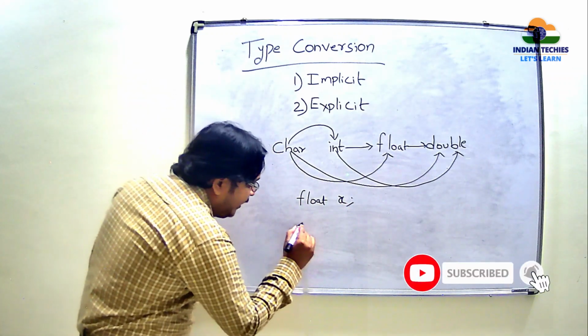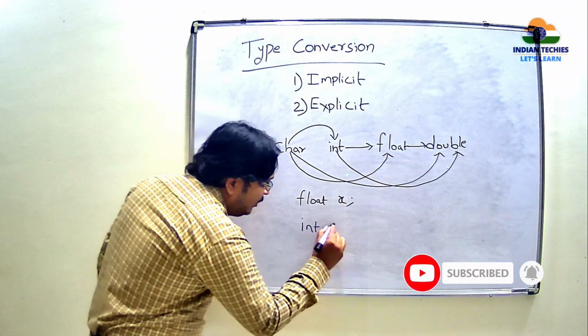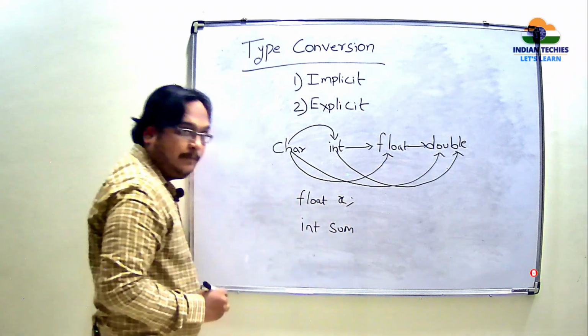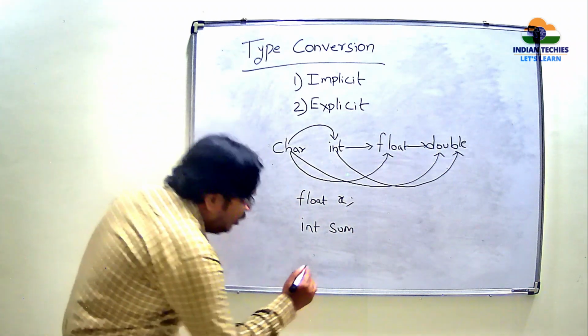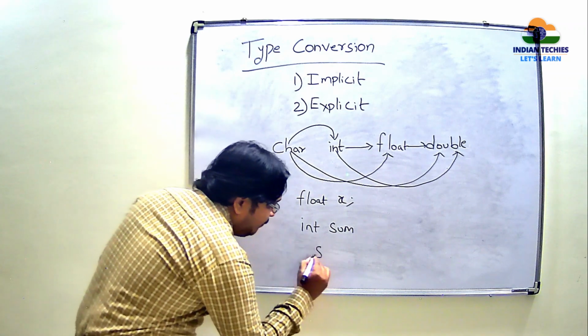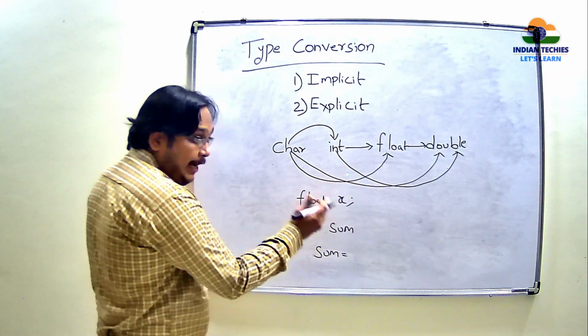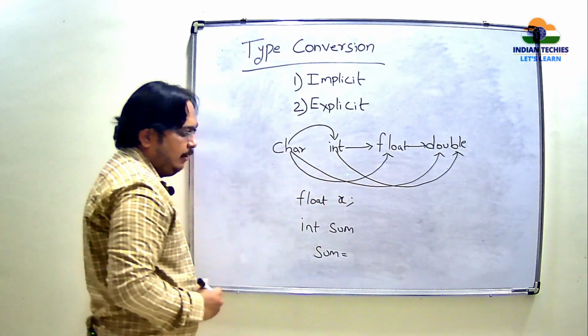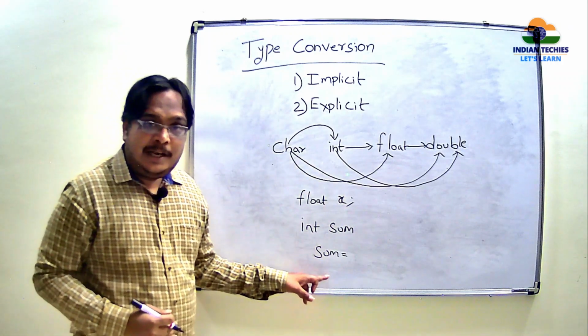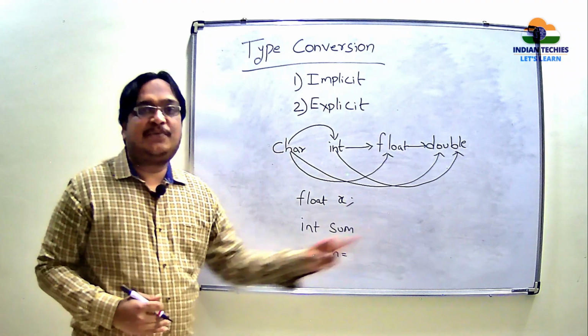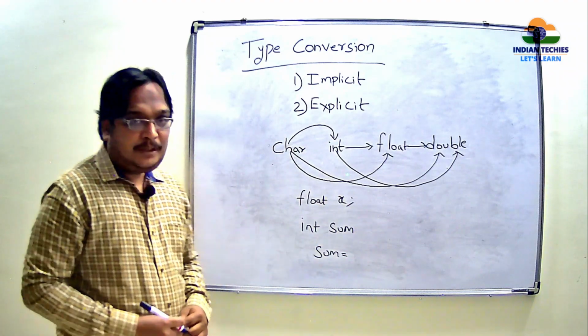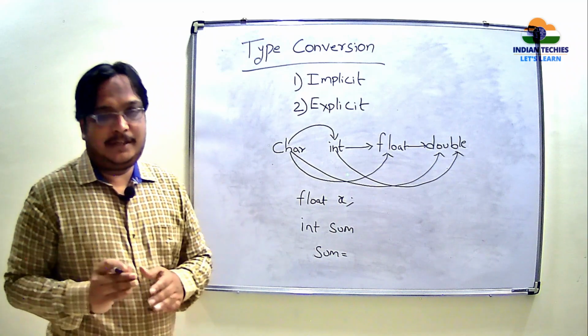Now I am declaring an integer value called sum. Now, sum is equal to, I want to add the float value x plus 1. Since sum is an integer, I cannot directly write x plus 1, because only smaller to bigger is converted implicitly.